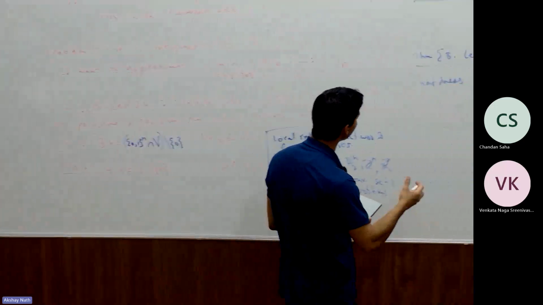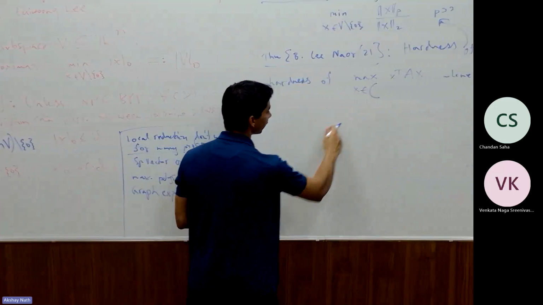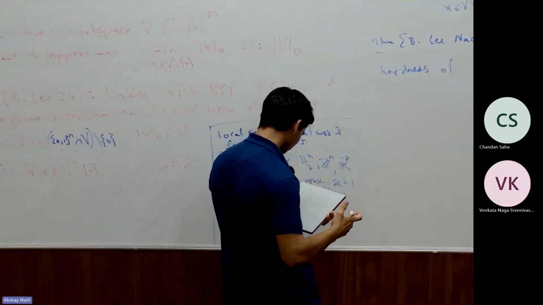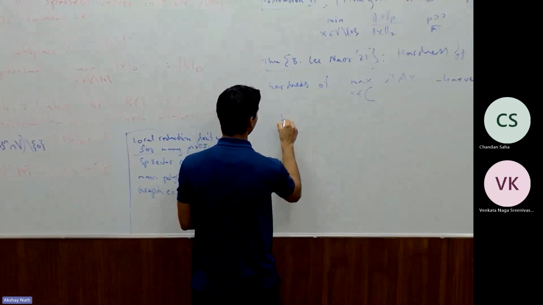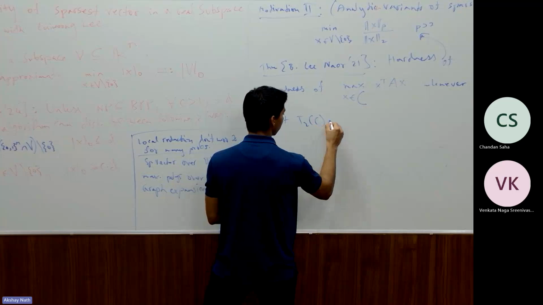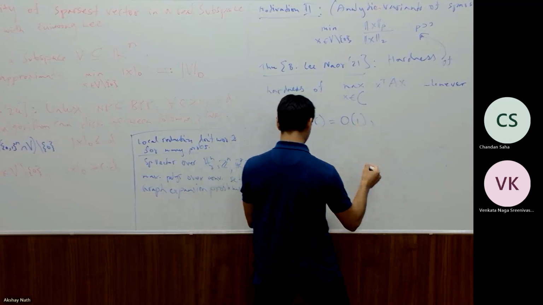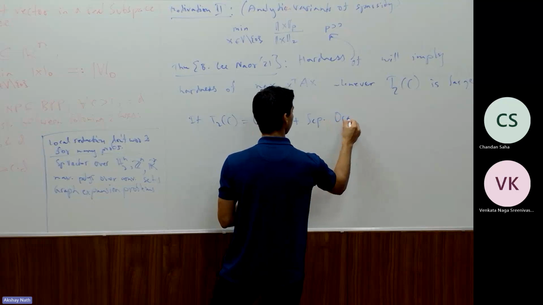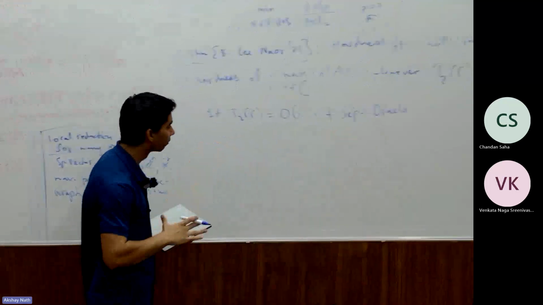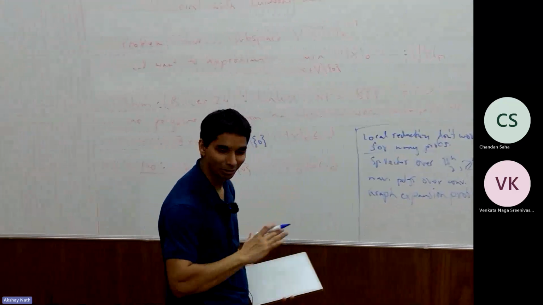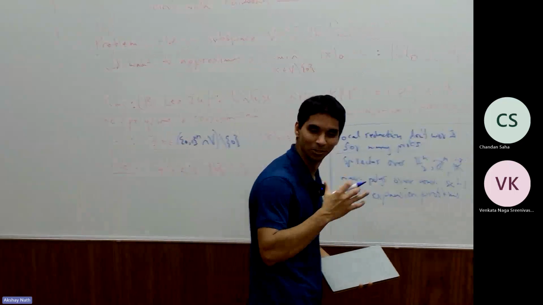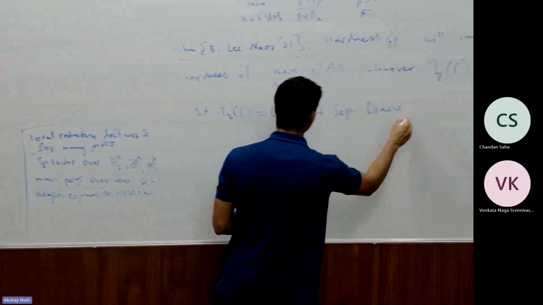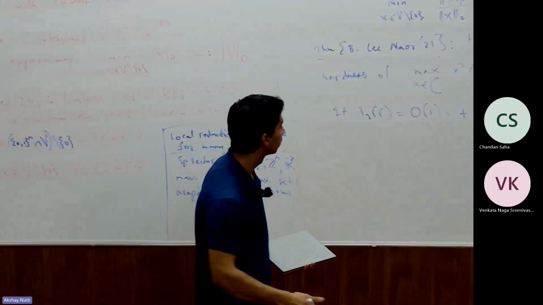And on the flip side, the converse of this theorem, with some bells and whistles, is true. We also showed that if T2 of C is bounded by a constant, and you have some separation oracle, which is a little bit of a weird, bizarre assumption, I will be the first to admit that, but we are unable to remove it so far, then you have an algorithm for this problem.